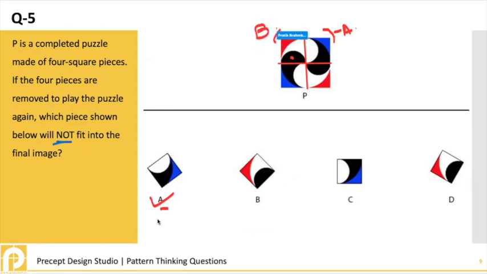Option C, a white semicircle, a black in between and a blue edge, which needs to be rotated by 180 degrees. Why 180 degrees? Because the white semicircle is facing here, versus in the question figure, where the white semicircle is facing the other edge on this side.